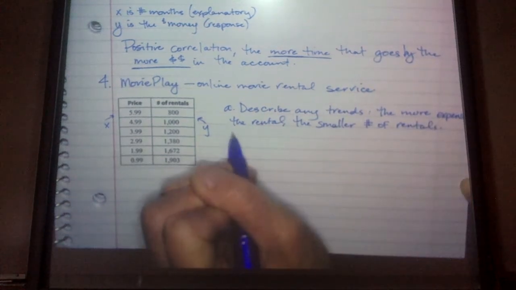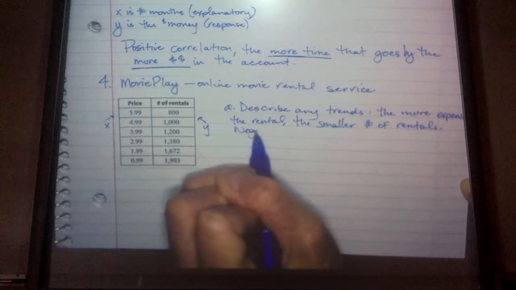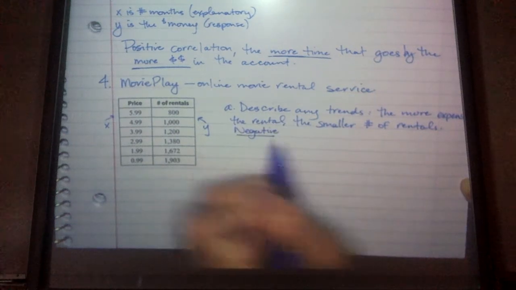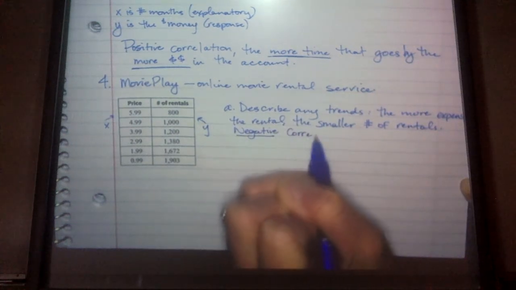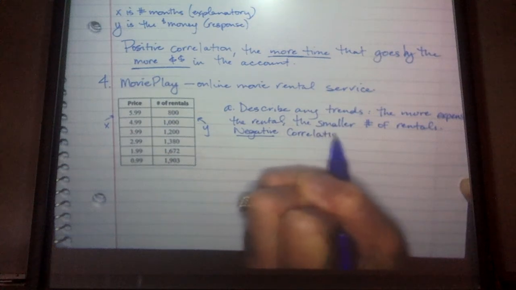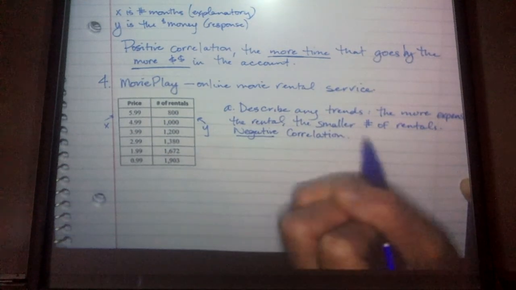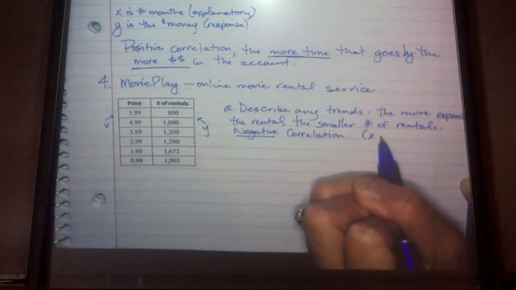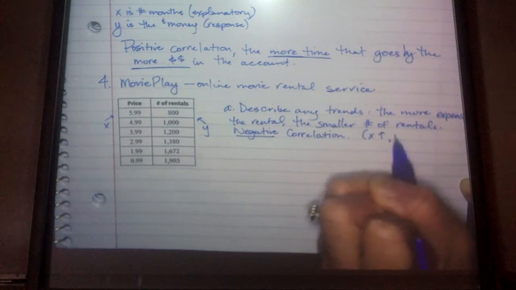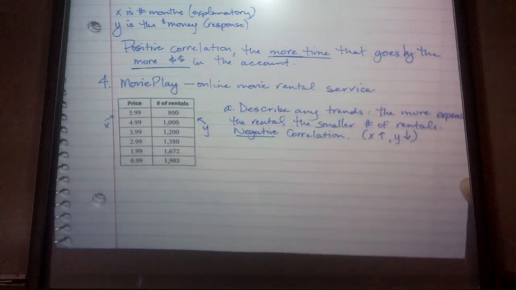So just from observing, I think this has a negative correlation because as one value, X, gets bigger, Y gets smaller. X is increasing, Y is decreasing.